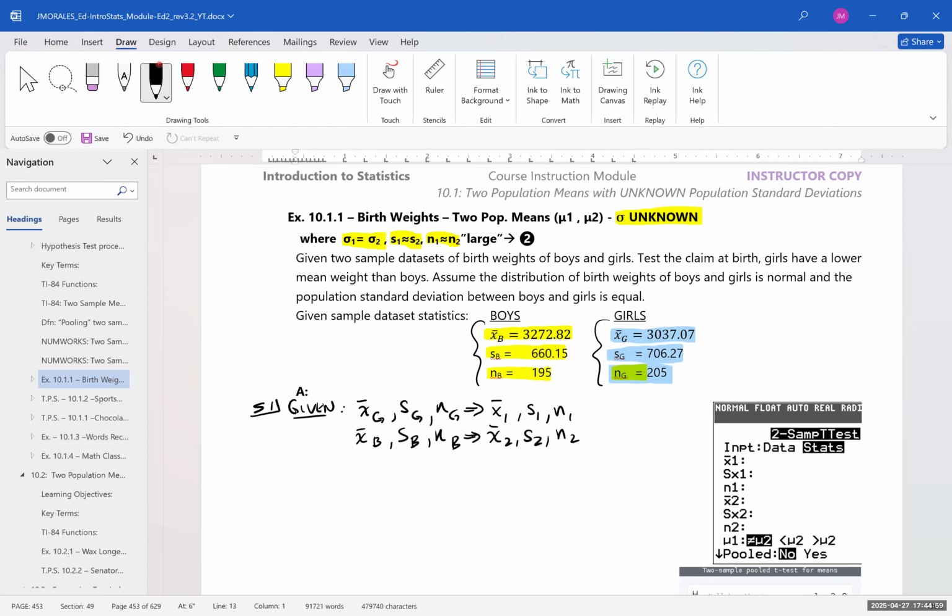So we want to test the claim that at birth, girls have a lower mean weight than boys. So the mean weight of girls is lower than the mean weight of boys. This is our original claim. All right, so this also means that if we're talking about a population mean, we're going to use mu1 to be the population mean of girls and mu2 to be the population mean of boys.